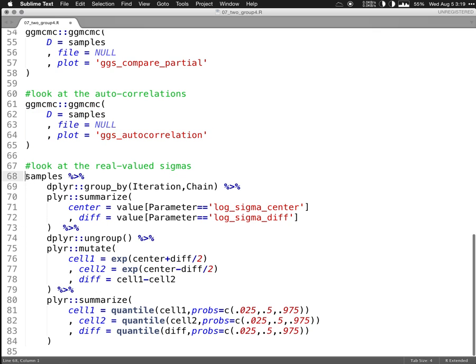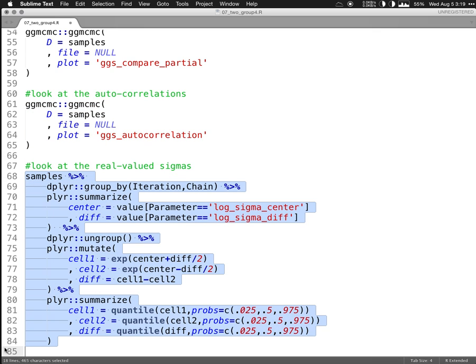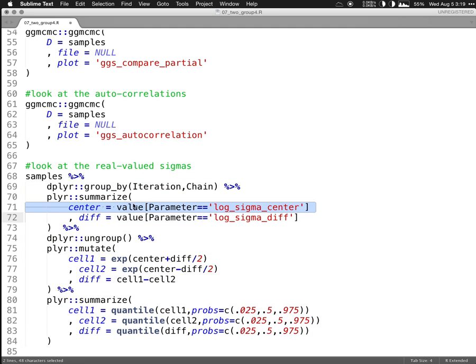And this is just standard R to go through and get, for each iteration of the Bayesian sampling, what the center value was, what the diff value was for the log sigma center, log sigma diff, and then explicitly compute what the cell 1 sigma would have been, sorry, y1 sigma, what the y2 sigma would have been.